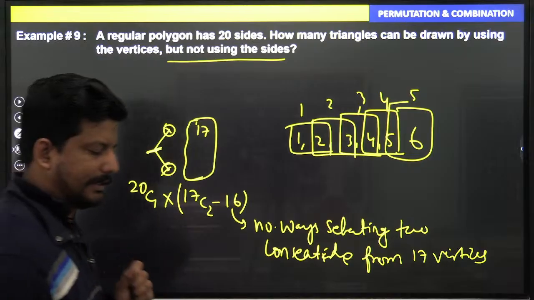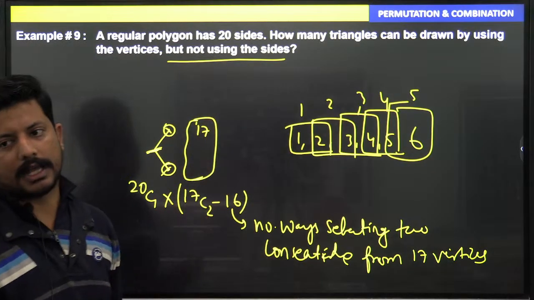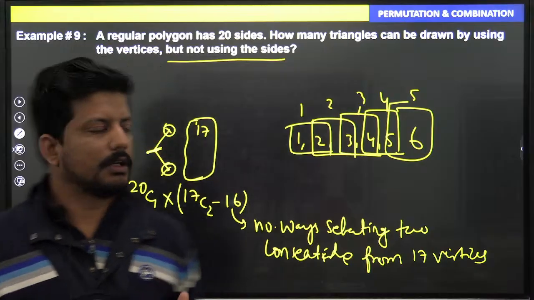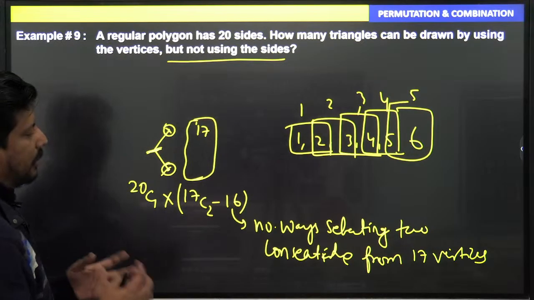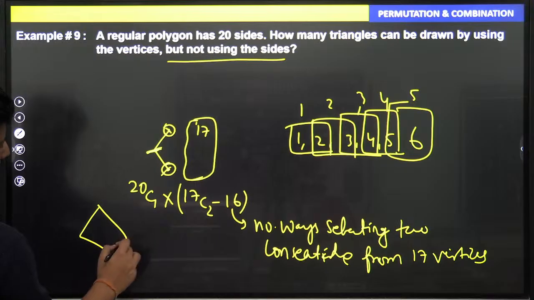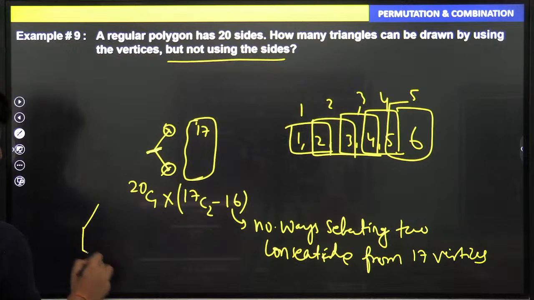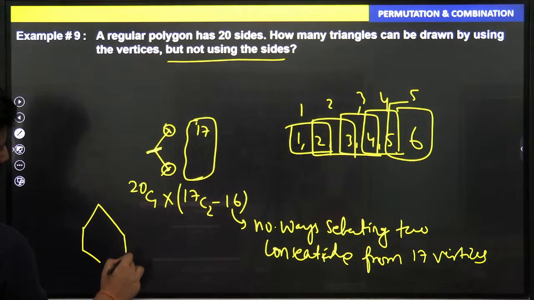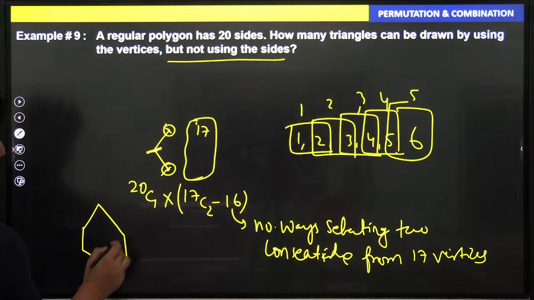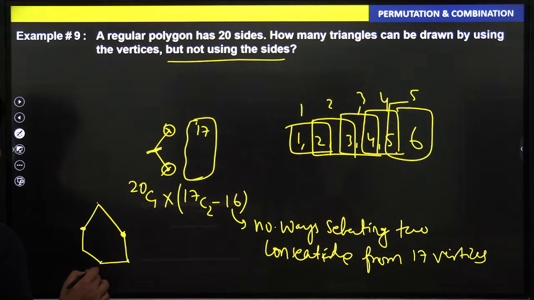Now you can see that. So this is the answer? No, this is not the answer, because if you select like this, okay? If I take a small problem so that you can visualize this thing. If you select this point, this and this are not selected, then you select this point and this point.